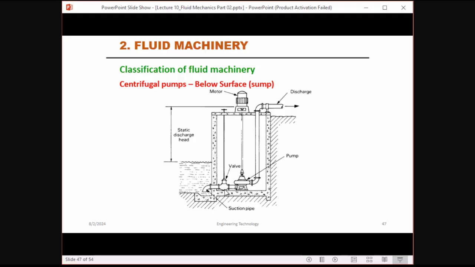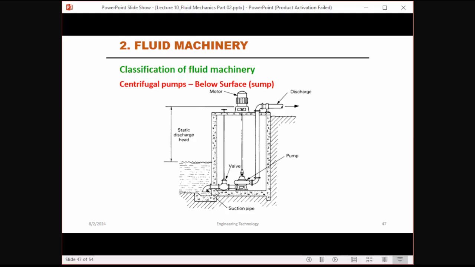Then below the surface area, you can fix this type of pumping line if you want to. Then the suction level is also the same level.